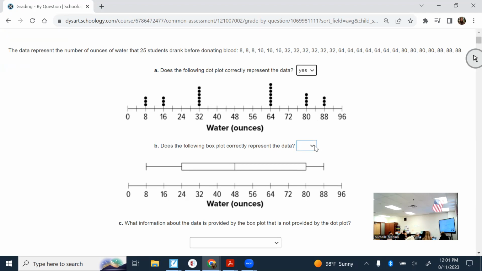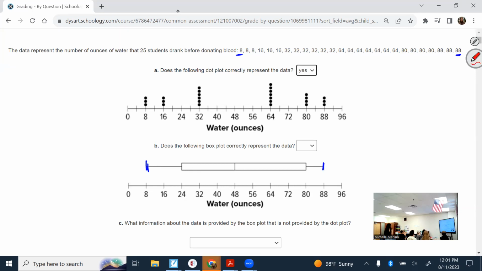Now for the box plot, we have to do the 5-number summary. Does it have the same minimum and maximum? Yeah. We have to find the median. First, make sure that your values are in order. They are in order, so that saves you a step.